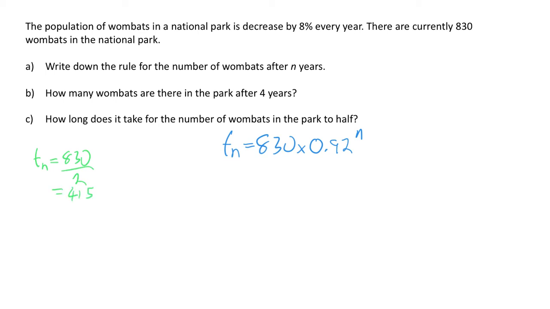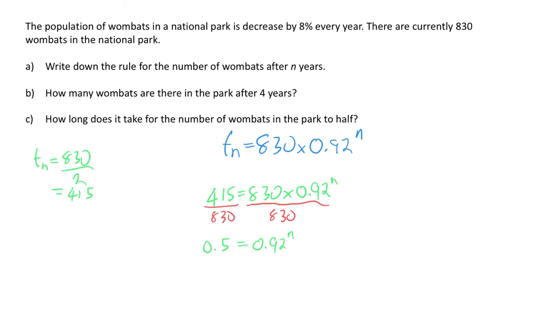So I can substitute in that value into the equation. So 415 equals 830 times by 0.92 to the power of n. To go ahead and start simplifying that to be able to get my n value, I can divide both sides by 830, and that leaves me with a value of 0.5 is equal to 0.92 to the power of n.